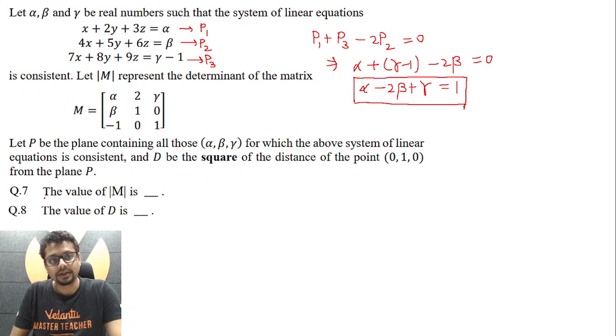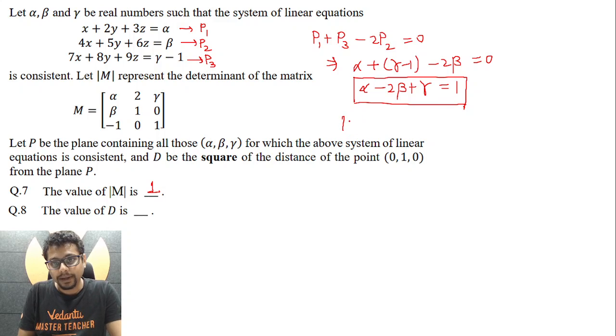Now coming to this question 7, the value of determinant of M. If you expand determinant of M, you essentially get alpha minus 2 beta, check it out, plus gamma. And that essentially is 1 because alpha minus 2 beta plus gamma equal to 1.